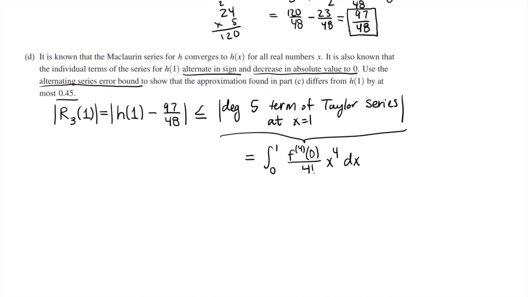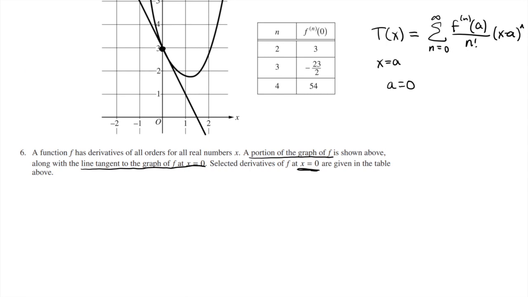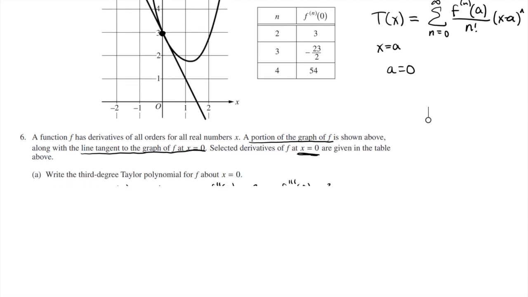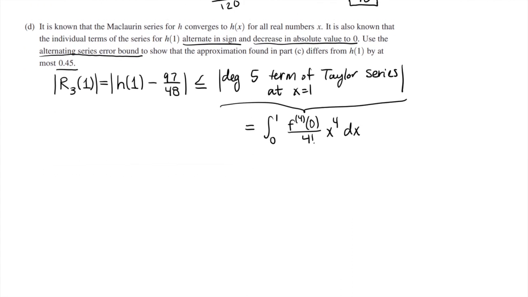So going back up to the table at the top, notice it says that the fourth derivative of f at 0 is 54. They didn't just tell us that for no reason. We hadn't used it yet. This is where we have to use it. So this number is 54. So this is the integral from 0 to 1 of 54 over 4 factorial, which is 24, times x to the fourth.